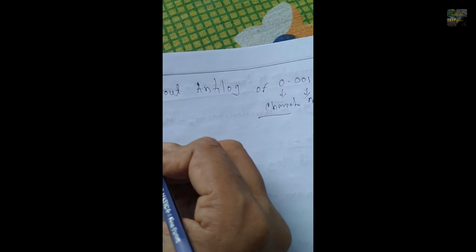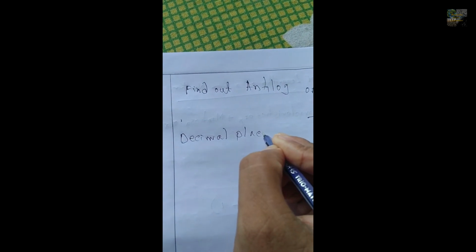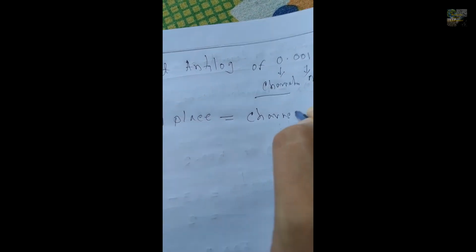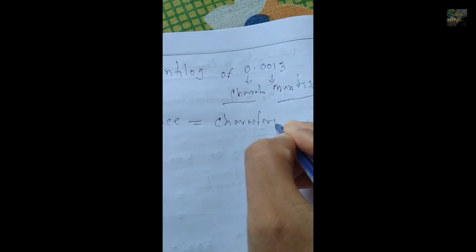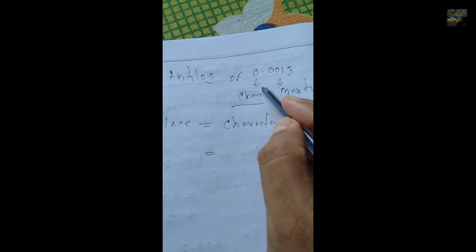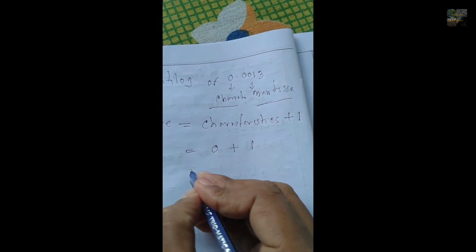The decimal place is determined by the characteristic plus 1. So here the characteristic is 0 plus 1, so 1 is the decimal place.